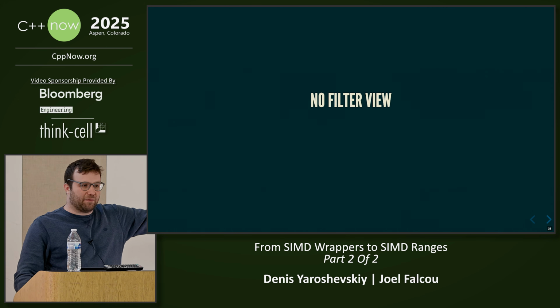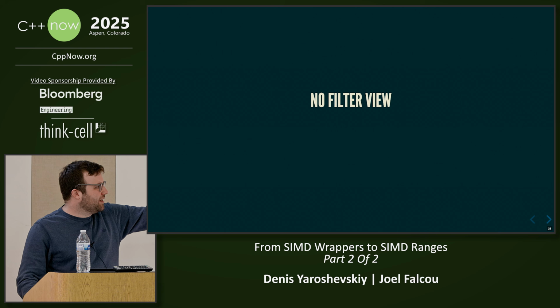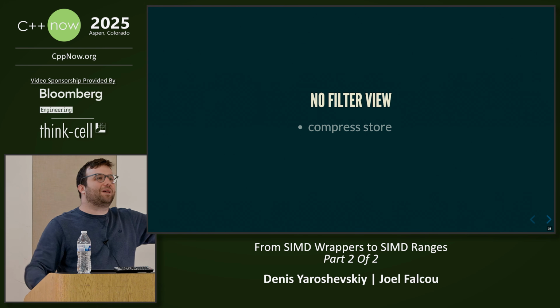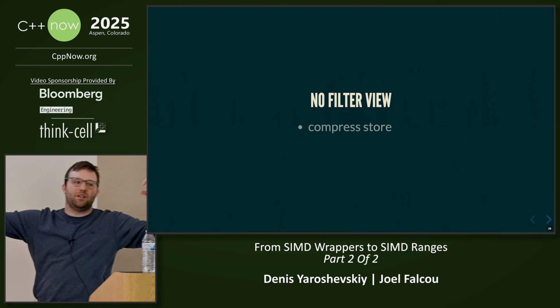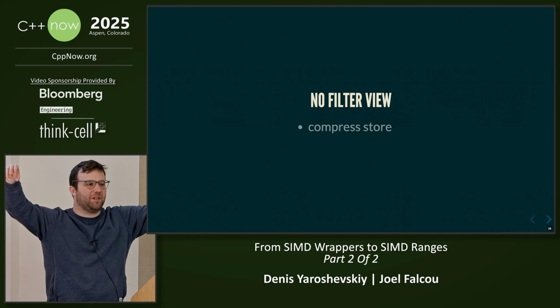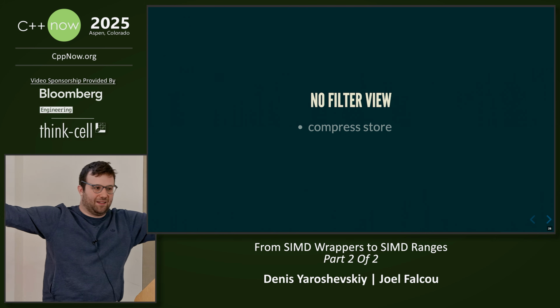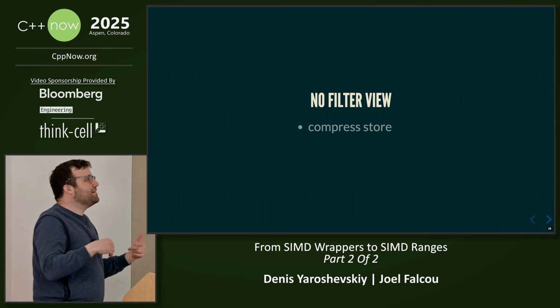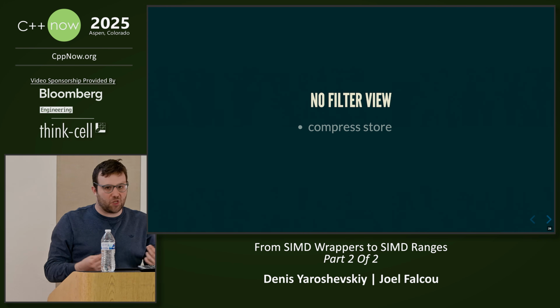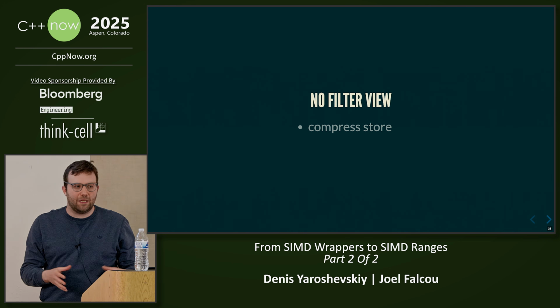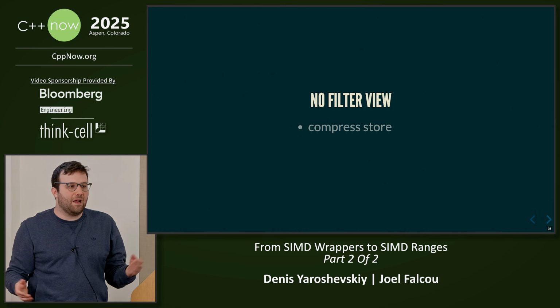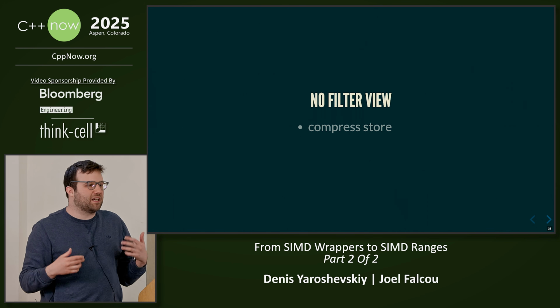We don't have a filter view. I mentioned this a little bit, but generally speaking, imagine you have a predicate and you need to combine the SIMD register out of it, but you don't know where the elements are. So how do you do that? There are some schemes that people tried to do filter view in SIMD ranges, but then it is just an expression template.